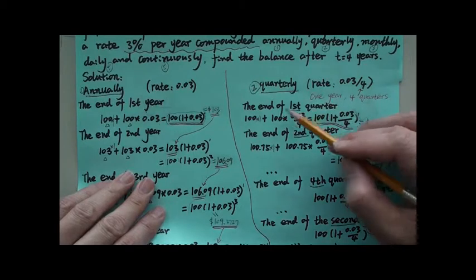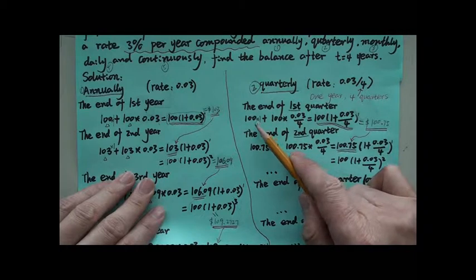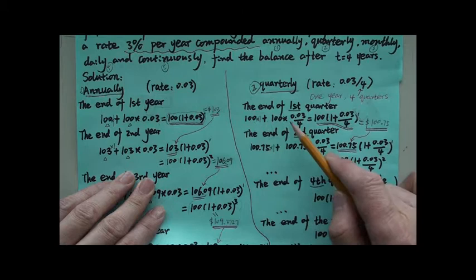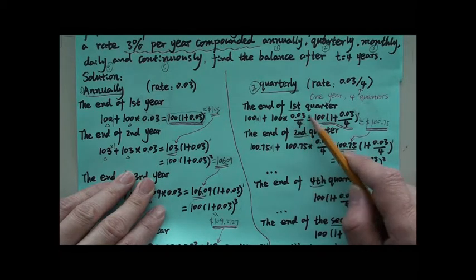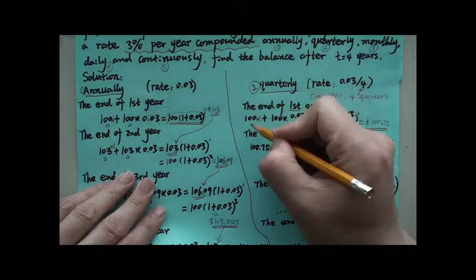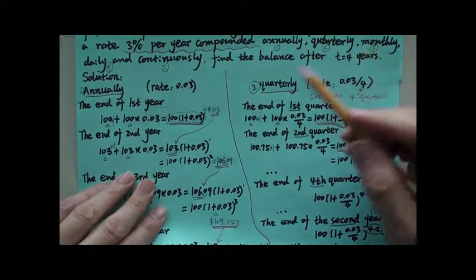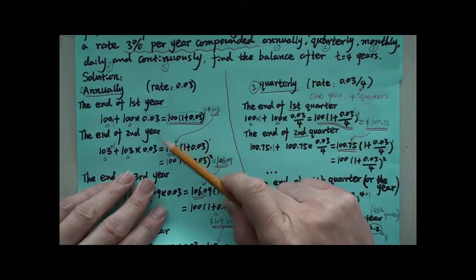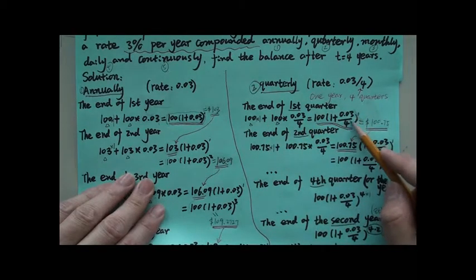At the beginning of the first quarter, you have $100 plus $100 times the quarterly rate, 0.03 over 4. Take 100 out, same pattern as on the left. 100 is out, you have 1 plus 0.03 over 4.